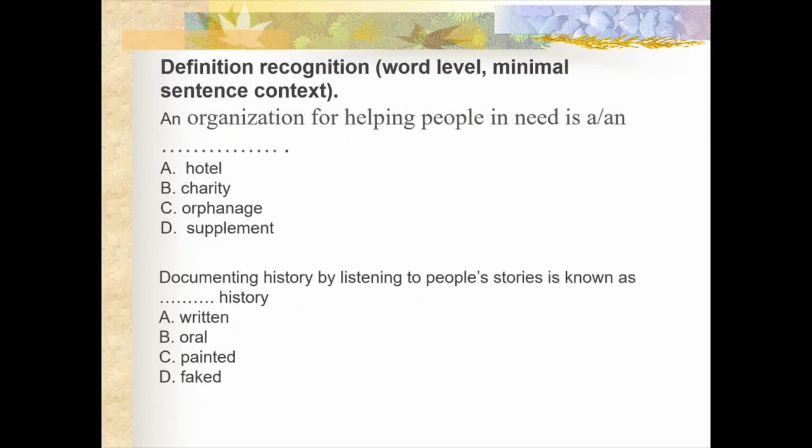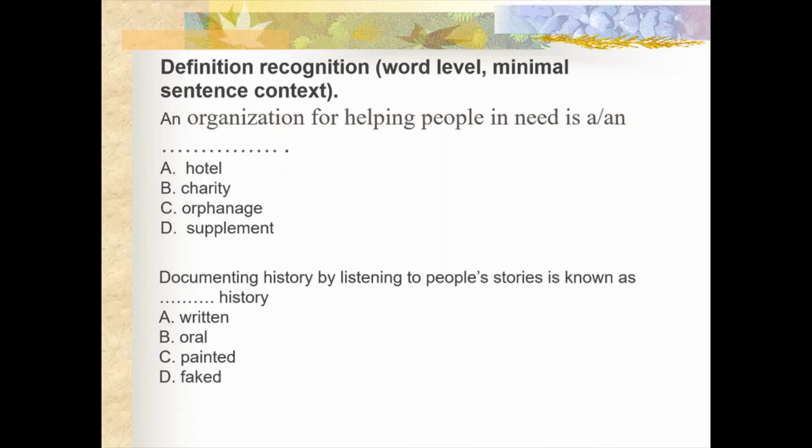Definition recognition, word level, minimal sentence context. Organizations for helping people in need is a hotel, charity, orphanage, supplement. Here the teacher provides the students with the definition of the word, and the students have to identify the right terminology or the right word.